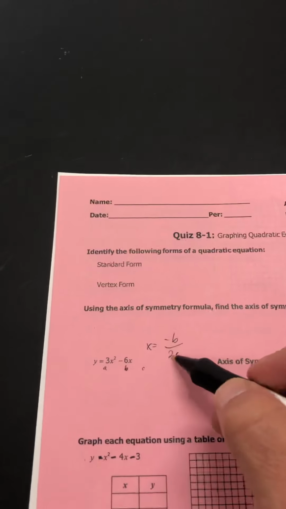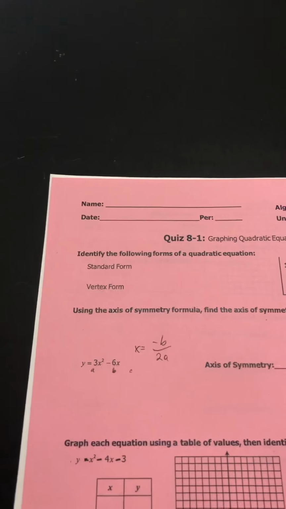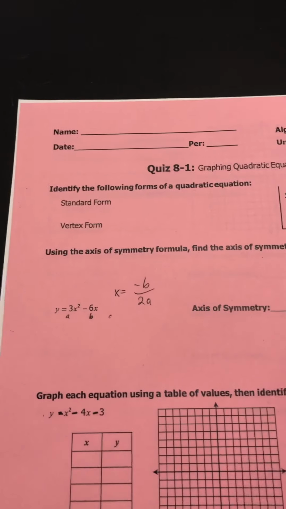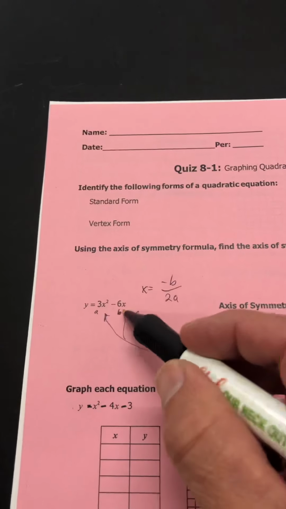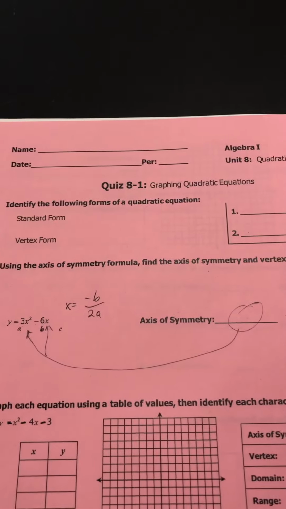And then that's going to be divided by 2 times your a value, which is 3. Okay, so that's going to give you the x value. Go ahead and plug that number, whatever you get, in here, plug it in to the x and just work the problem out to figure out what the y is. So you need an x value and you need a y value. That's going to be the vertex.